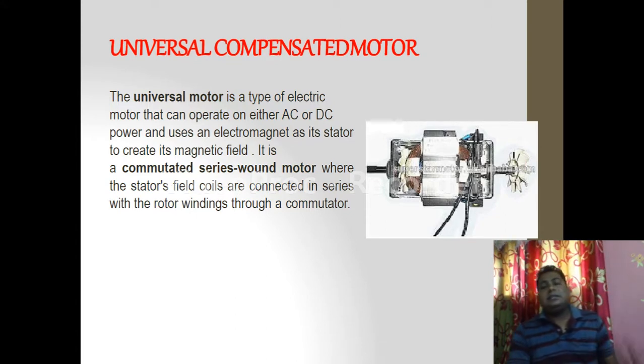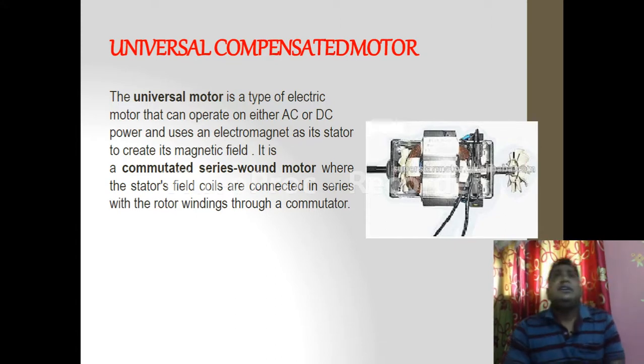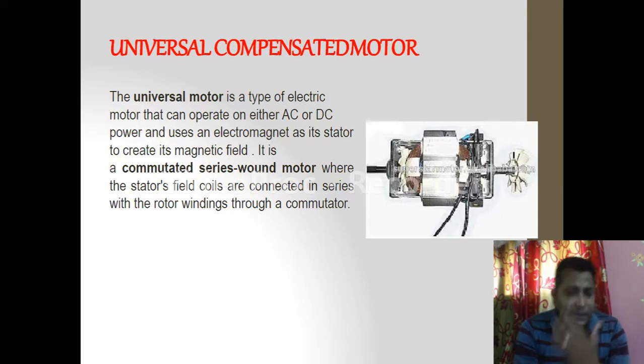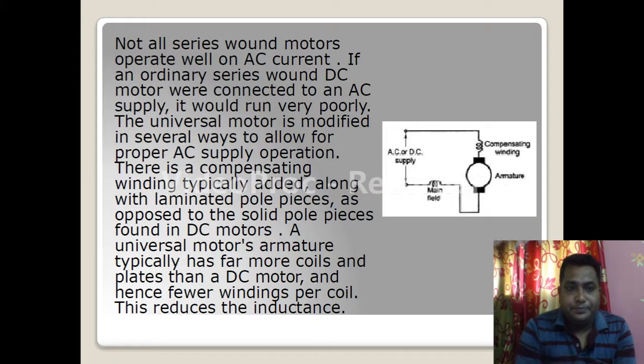In a universal motor, the field coils are connected to the rotor windings through a series compensated winding, so that the armature reaction effect can be minimized.